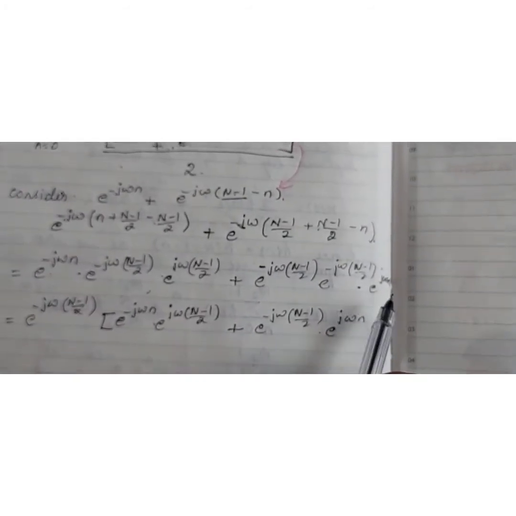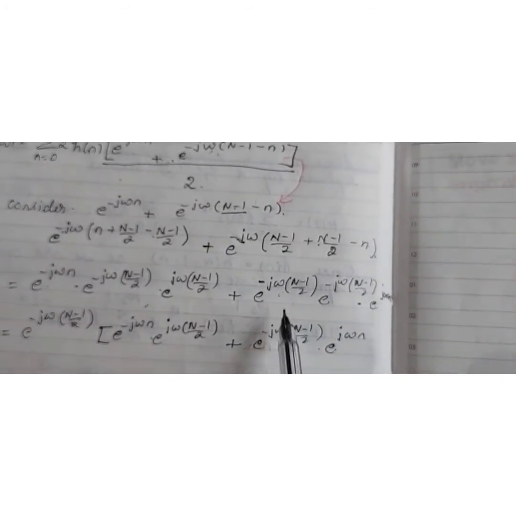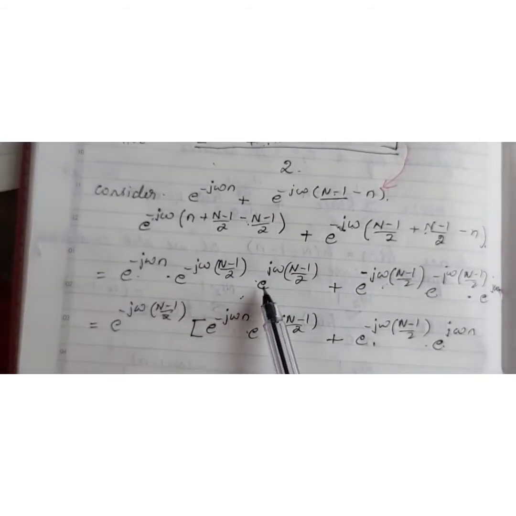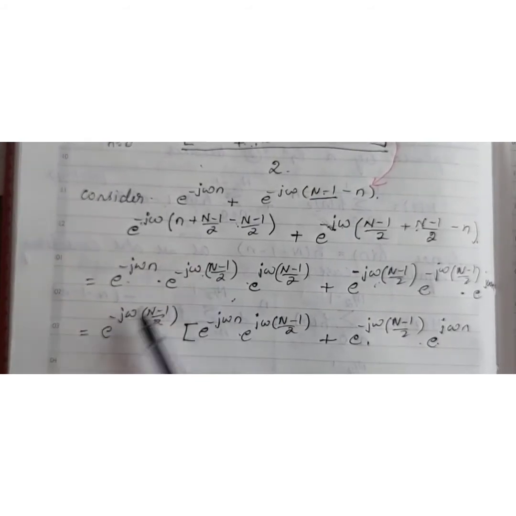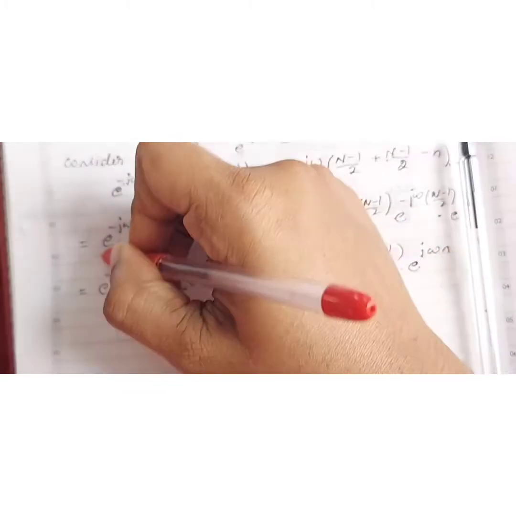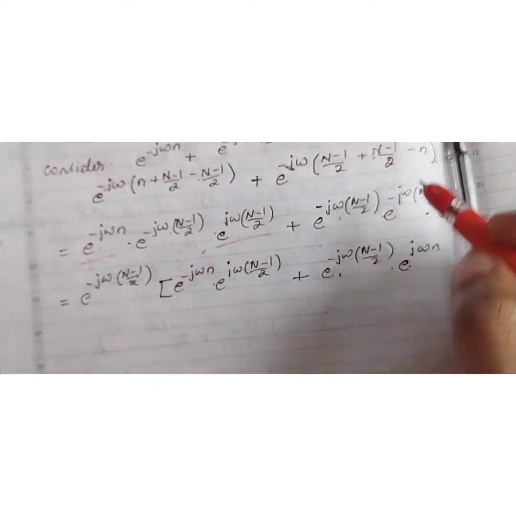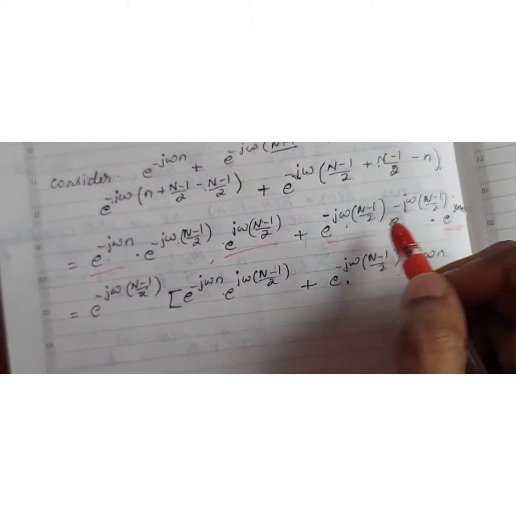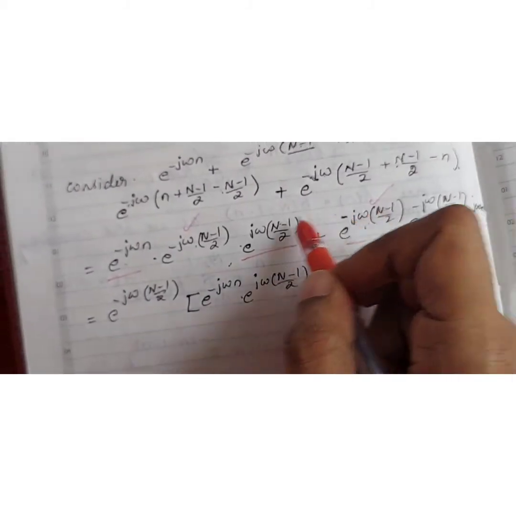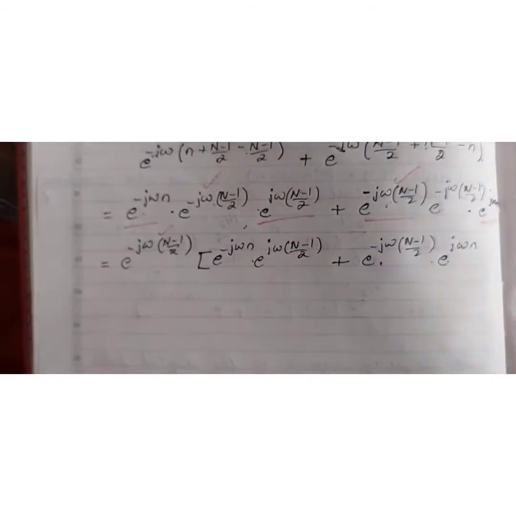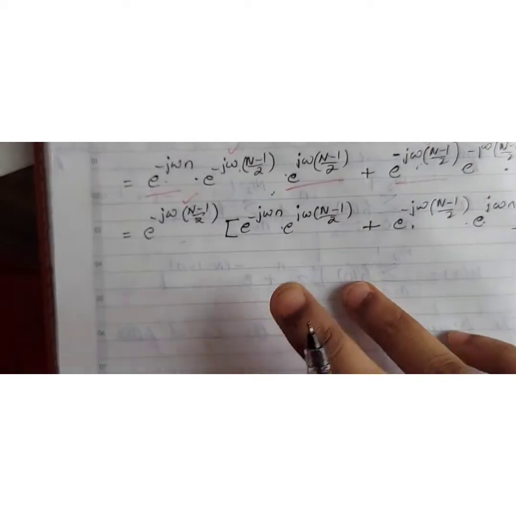Here e power minus j omega (N minus 1) by 2 is out. So what are the terms that are inside the bracket? It is this term and this term, and that is the common term I have removed. I hope you have understood this. So now simplify the term inside.